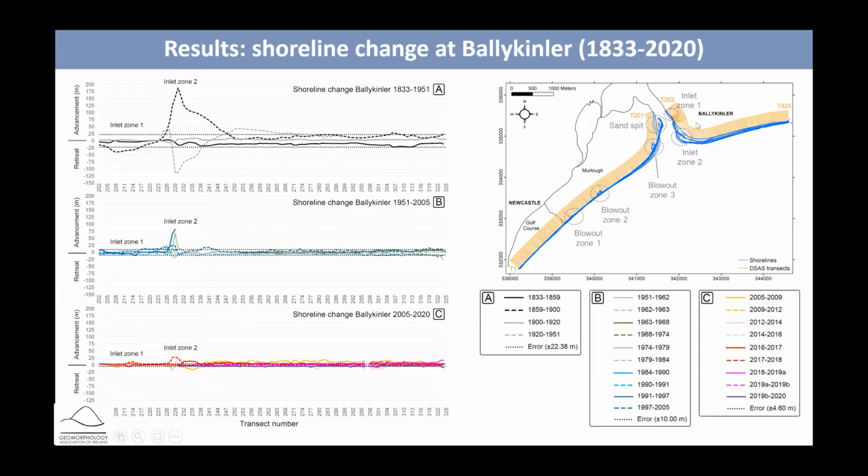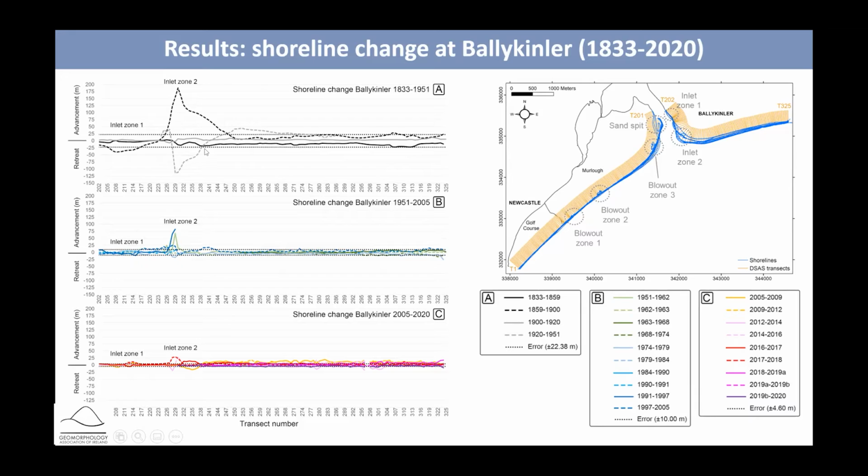If you move to the other side of the inlet channel, in Ballykinler, you can see how in the oldest years, so the years covered by the historical maps, again, most of the displacement occurred very close to the inlet zone, in the inlet zone 2, where there was a huge advancement from 1859 to the start of the 20th century.